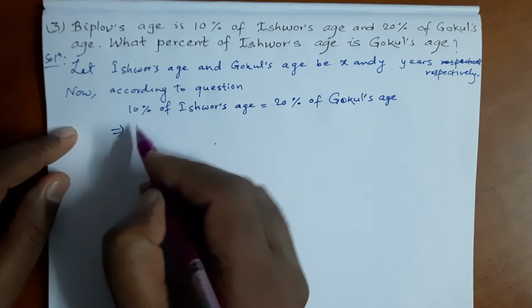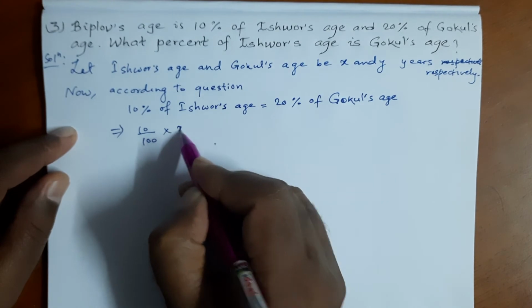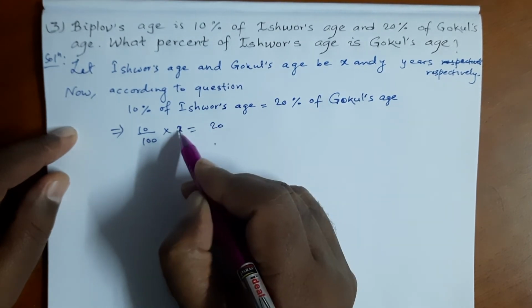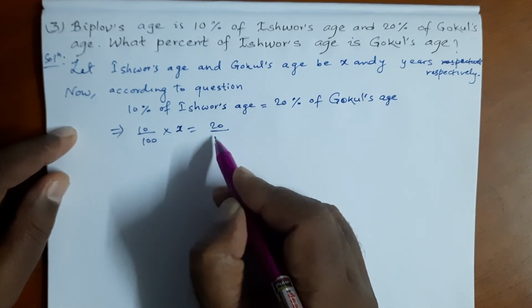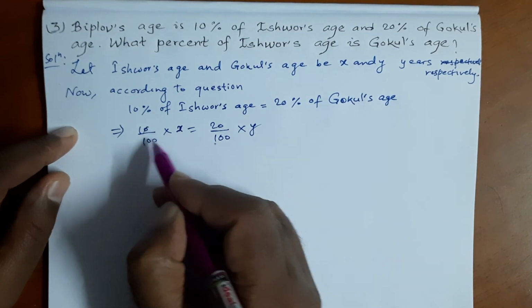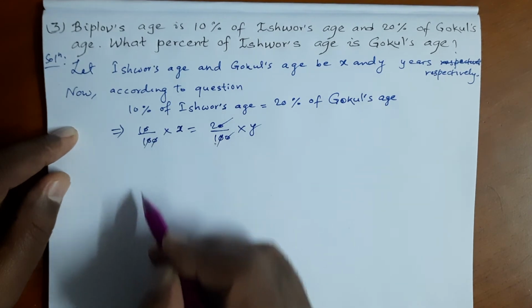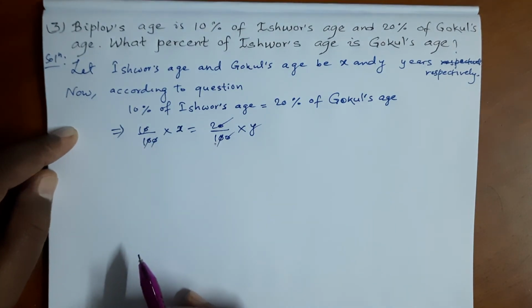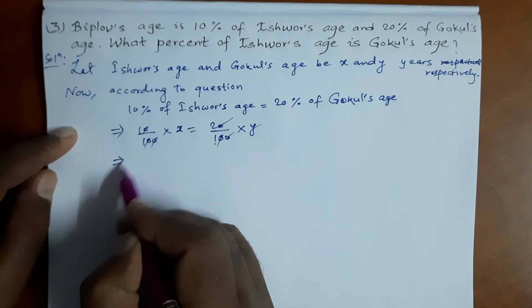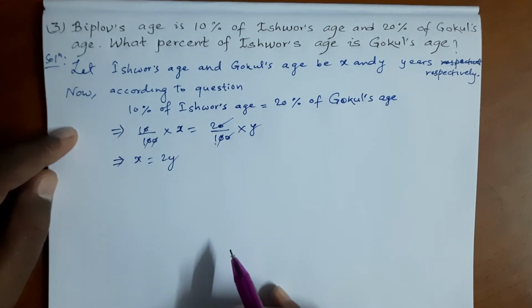This implies 10 over 100 times Ishwar's age, which is X, equals 20 over 100 times Gokul's age, which is Y. Now this 0 can be cancelled. Similarly, this 0 can also be cancelled. And now this implies X equals 2Y.